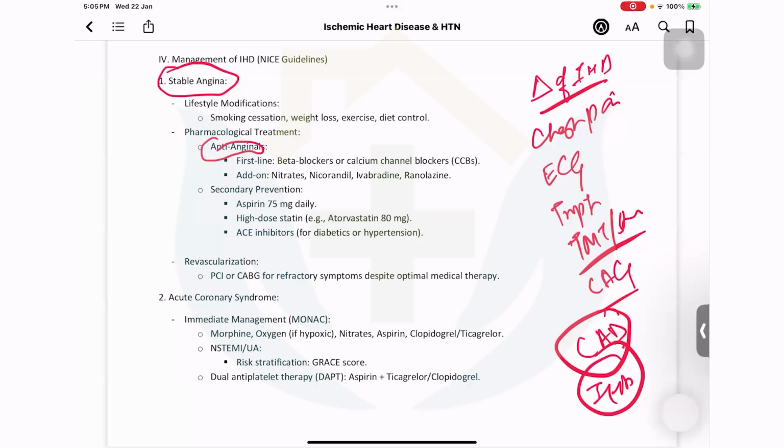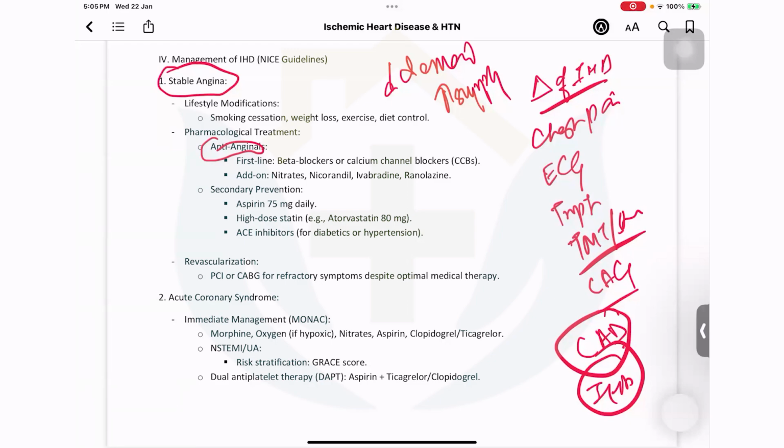Now, many people consider nitrates as the only anti-anginals. You have to understand that an anti-anginal is anything which either decreases the demand or increases the supply. Nitrates are related to increasing the supply, but the priority should be to decrease the demand.